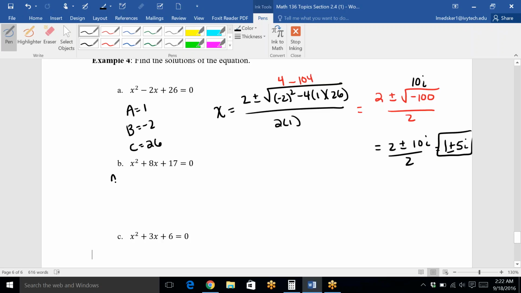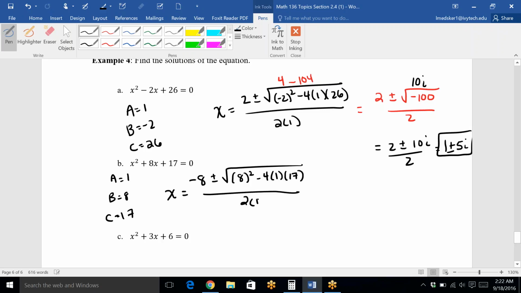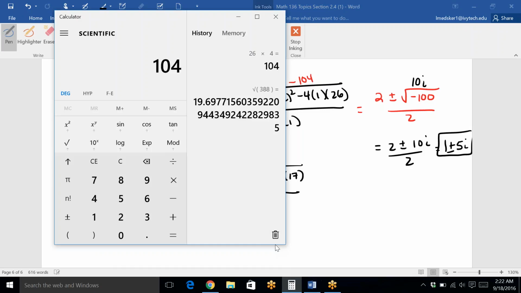Okay, for the next one, a equals 1, b equals 8, c equals 17. So x equals negative b plus or minus square root b squared minus 4ac all over 2a. Work out our radical again. Let's see, what is 4 times 17?